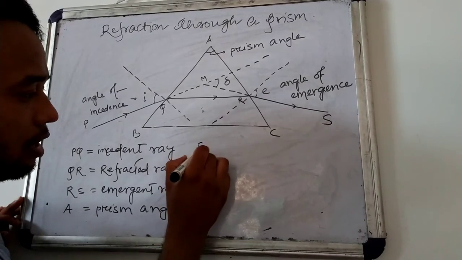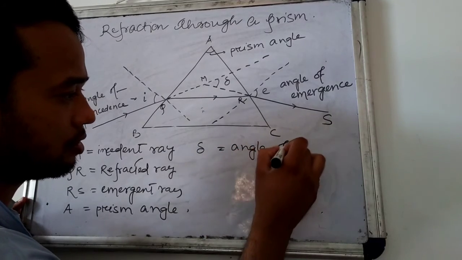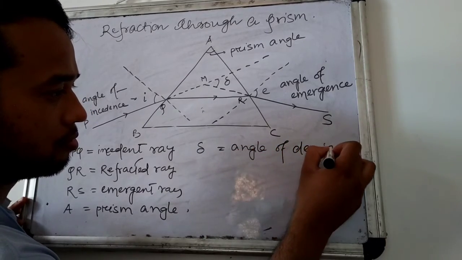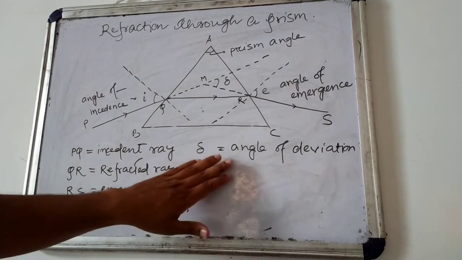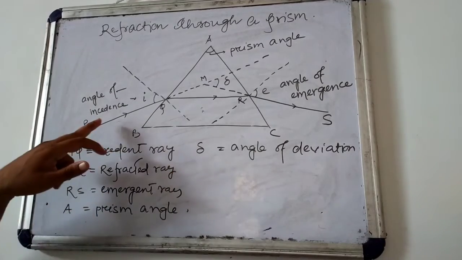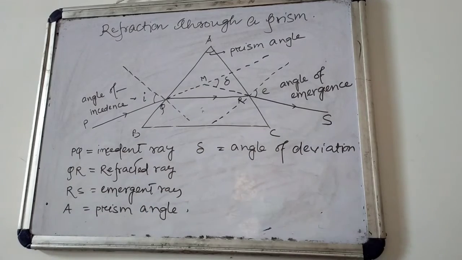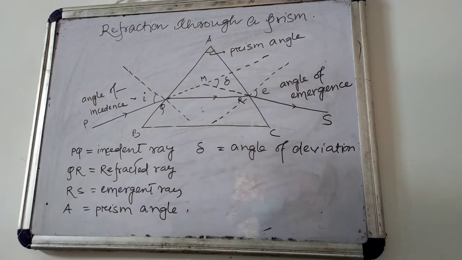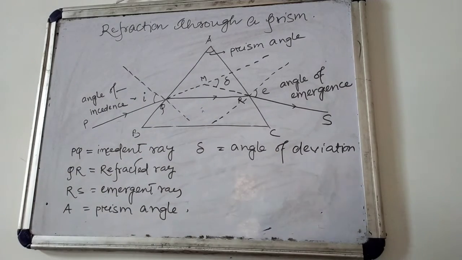Okay, this delta is called angle of deviation. Okay, that means by this much of angle delta, this incident ray is deviated from its actual path. Okay, so this is the refraction through a prism.